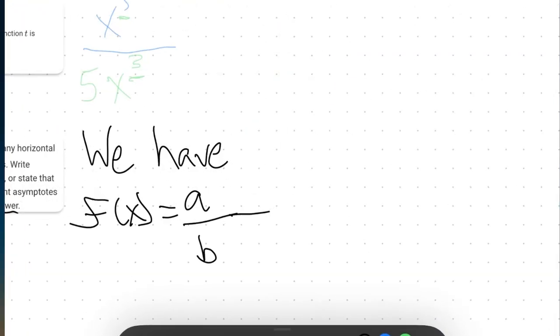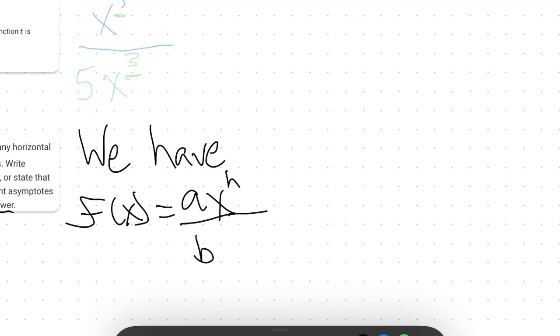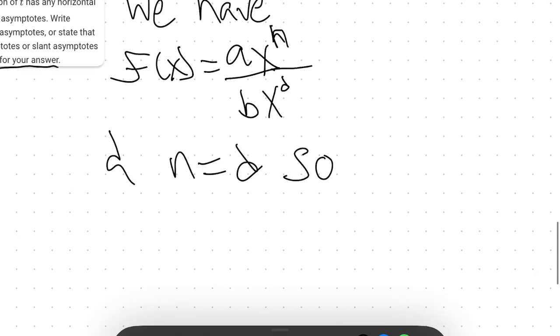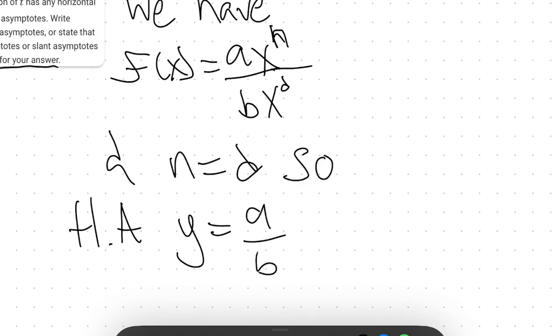Okay? You can always reference your notes. It is never bad. It's supposed to be an n, right? And n is equal to d, so there's a horizontal asymptote at y equals a over b.